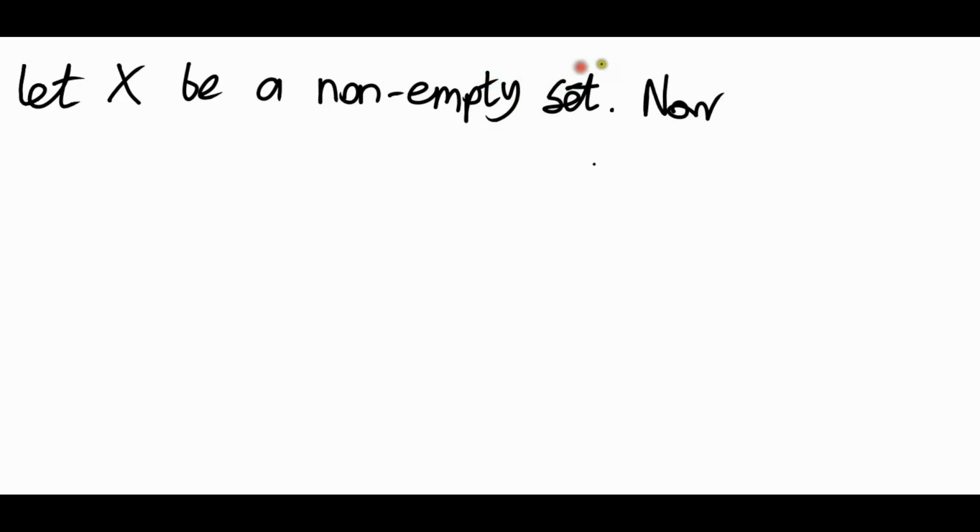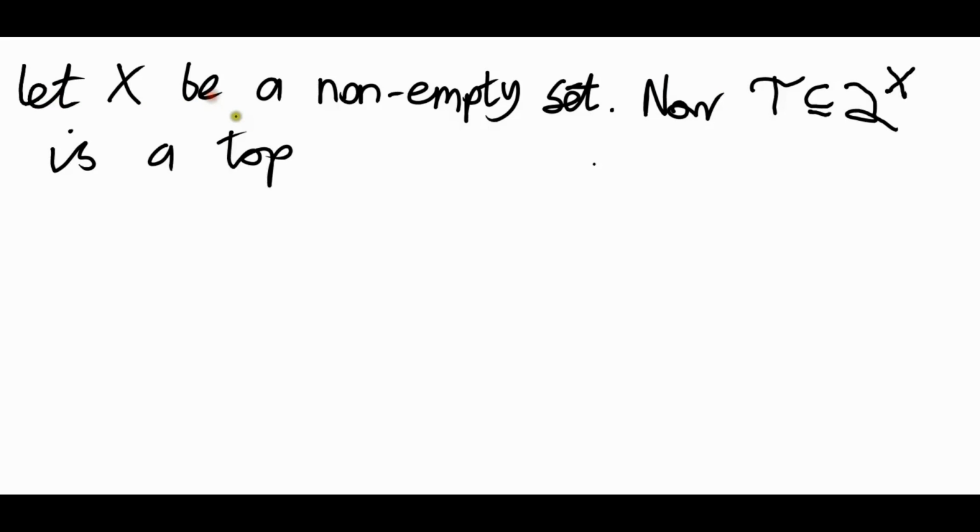Tau, which is a collection of subsets of X, is a topology on X if three conditions hold.